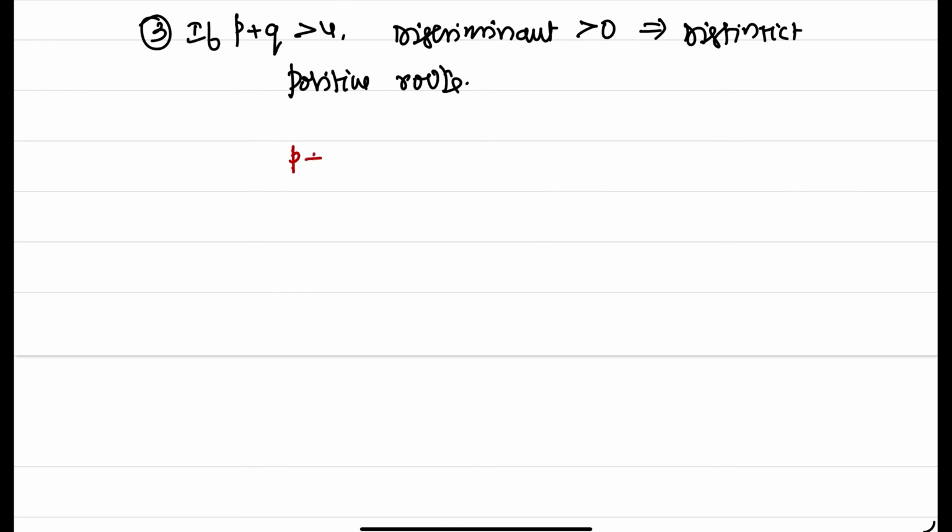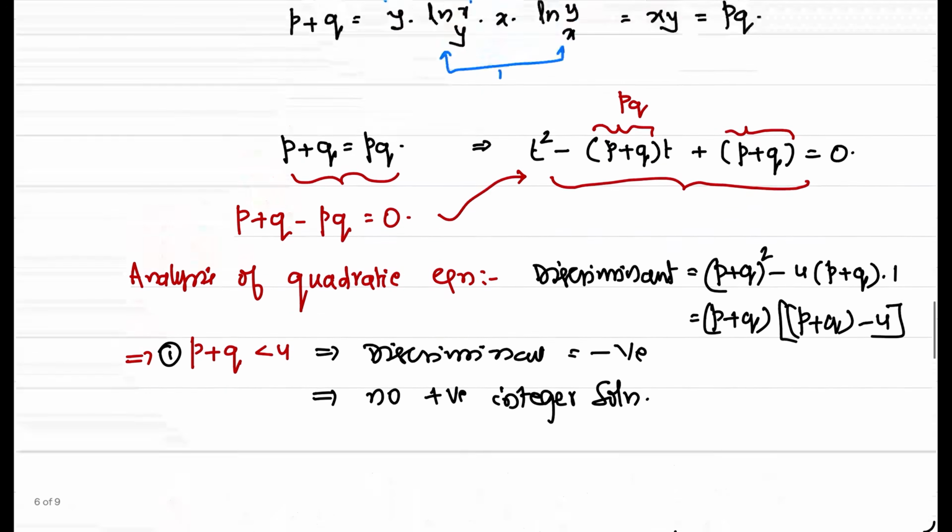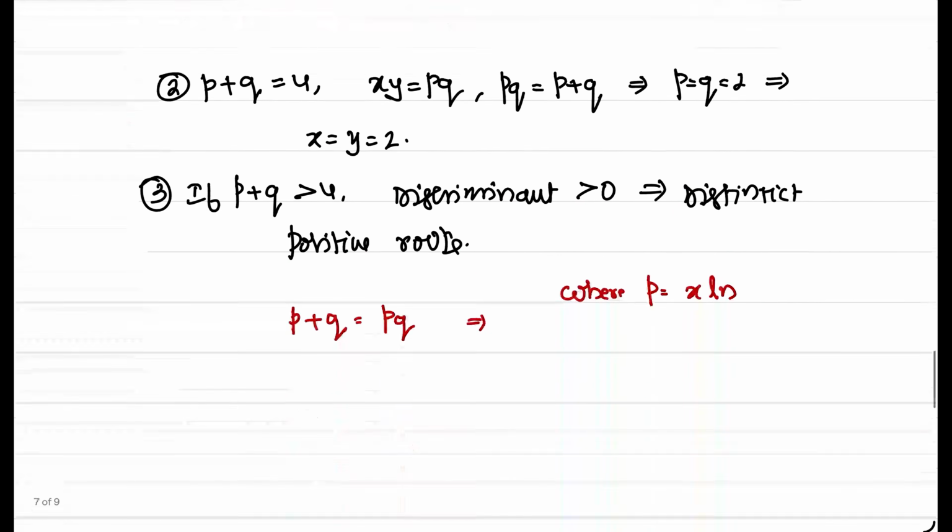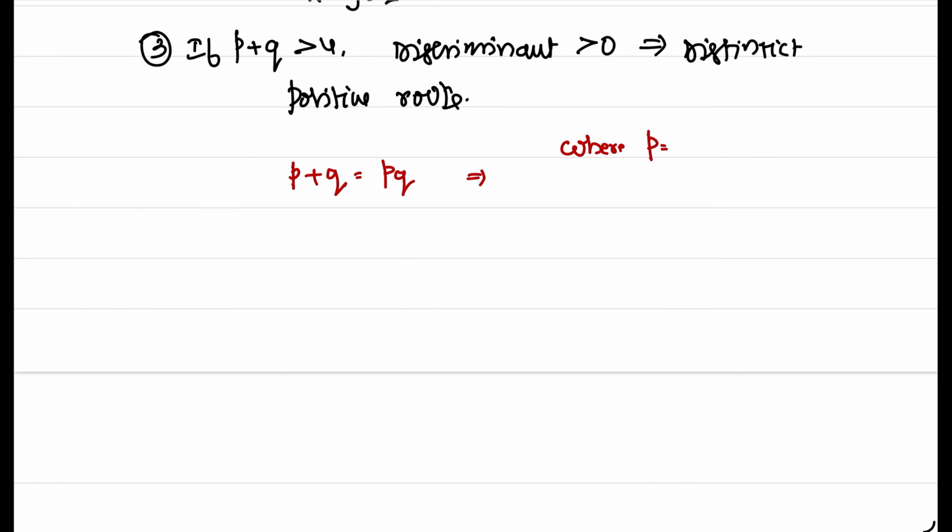We have been told that P plus Q is equal to PQ, where P is equal to y ln x to the base y, and Q is equal to x ln y to the base x.